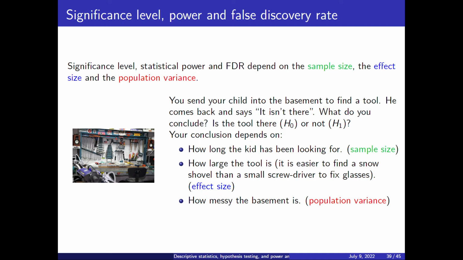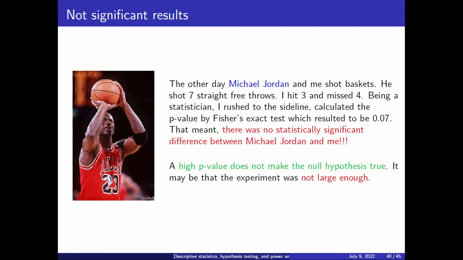If your observations have very little variance, then it will be very easy to find this effect size. If your population, if your observations are very variable, then it is much more difficult to detect this effect size. What about not significant results?